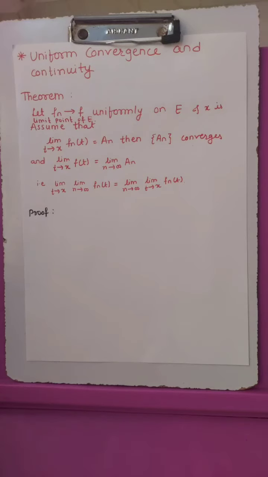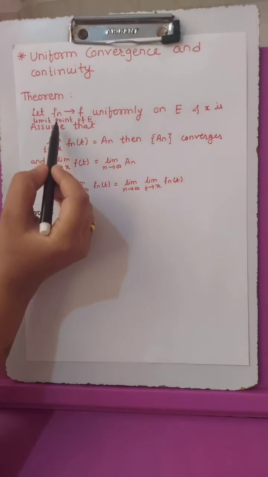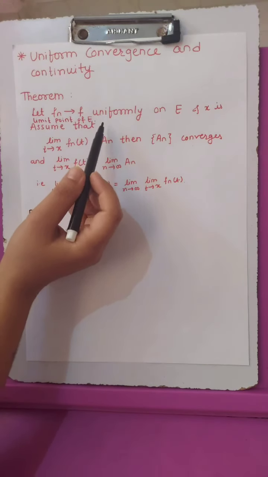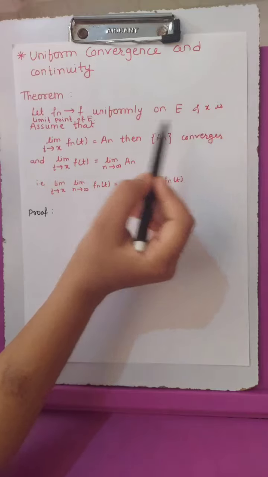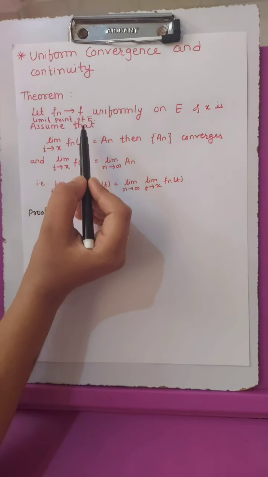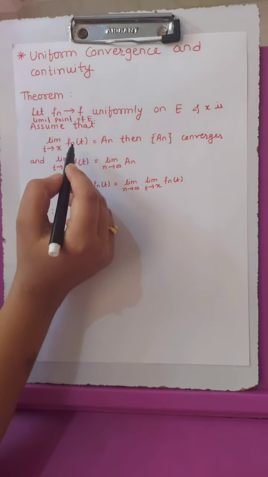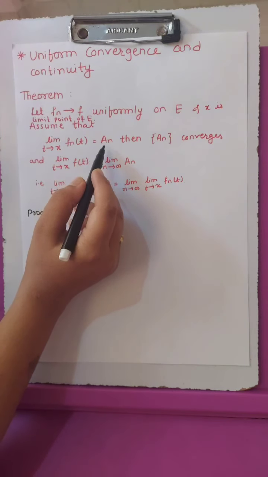This article comprises two theorems, and the first theorem is: let Fn converge to F uniformly on the set E and X be a limit point of the set E. Assume that limit t tends to X of Fn of t is equal to An.